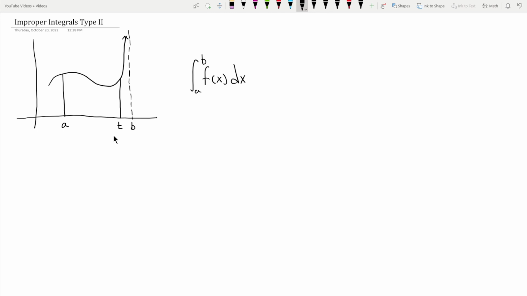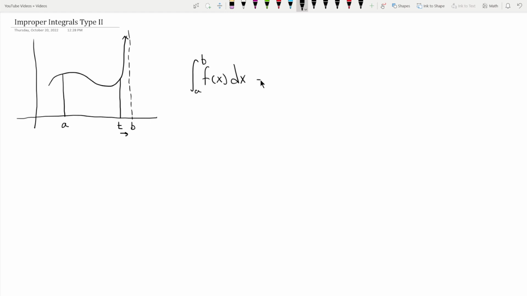What I have is a finite integral, and there's a finite area associated with that finite integral. As I allow t to approach b, each time I stop, that gives me a finite bound. So what I want to know is what happens as t approaches b, just like in the last type when we let t approach infinity.